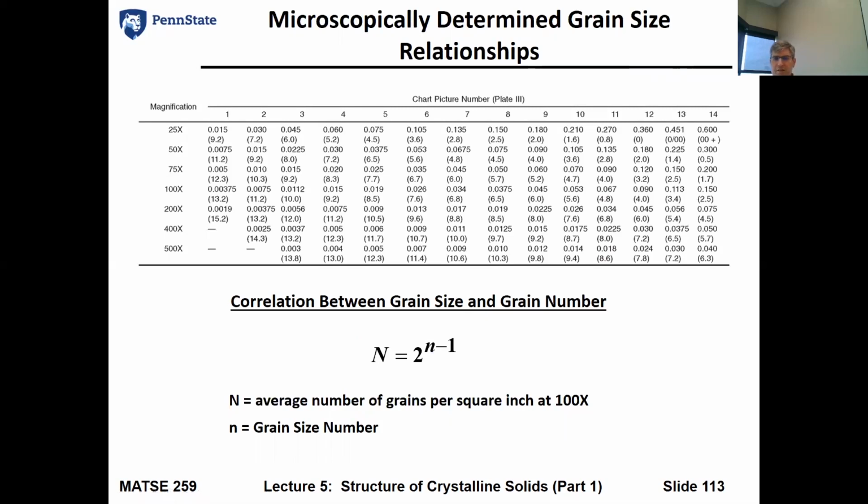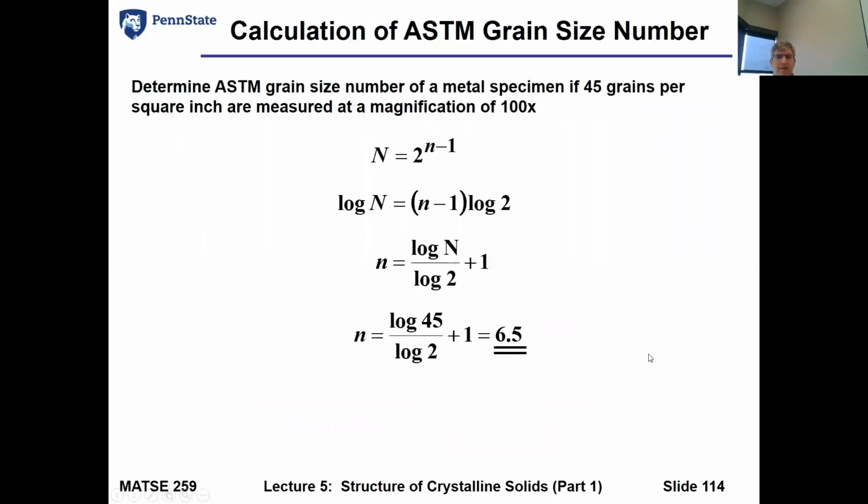So these can be measured, and you can determine that grain size number just using this and a series of measurements. Now, once again, the important issue here is the average number of grains per square inch at 100x. I would highlight the 100x because that's part of where the standard tends to reside.